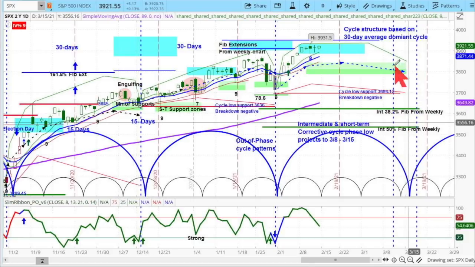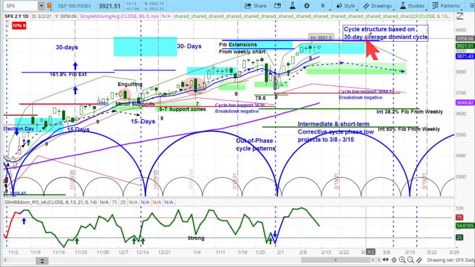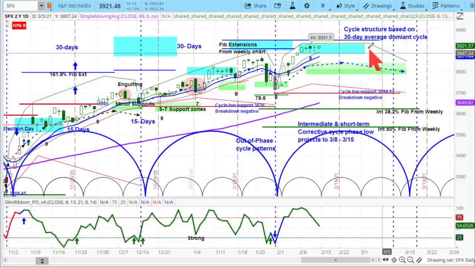So the market could chop around in here, but then we think that 30-year cycle joining with the intermediate cycles we've been showing you week after week will push the market down into this 30-day period.